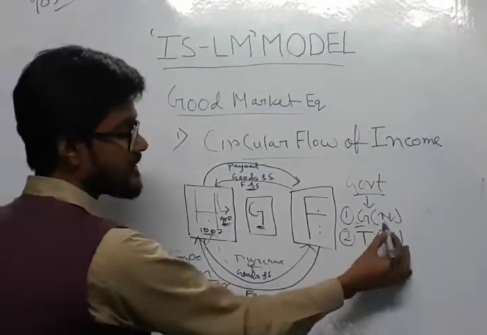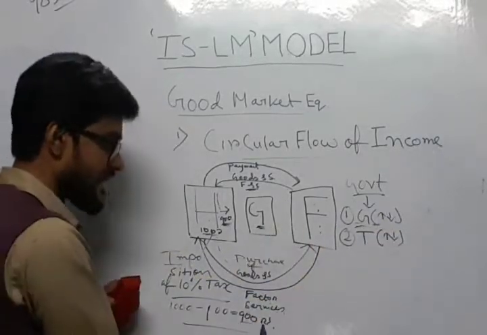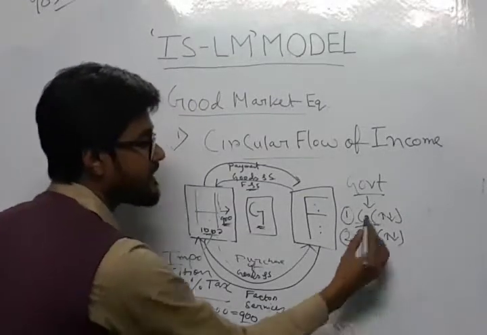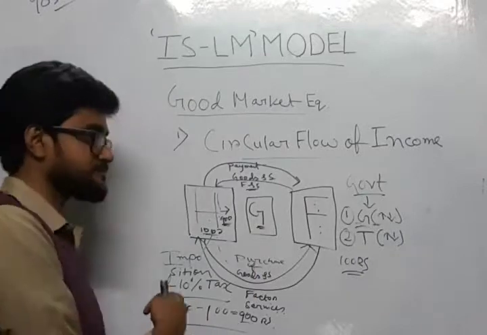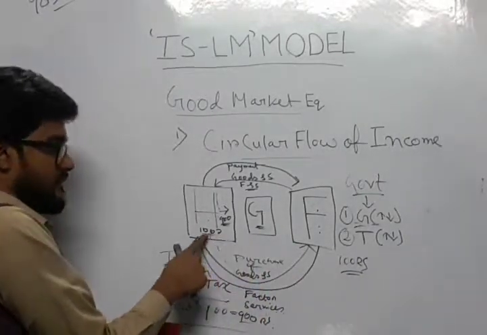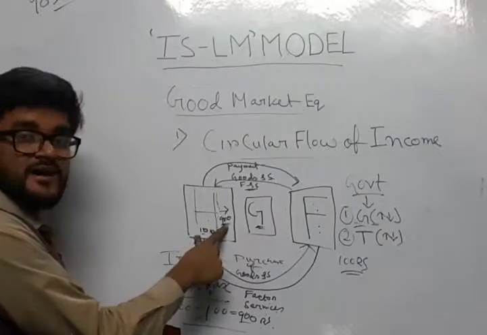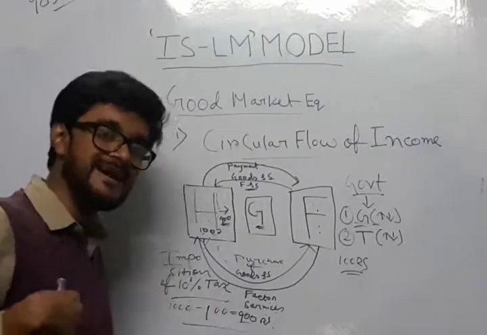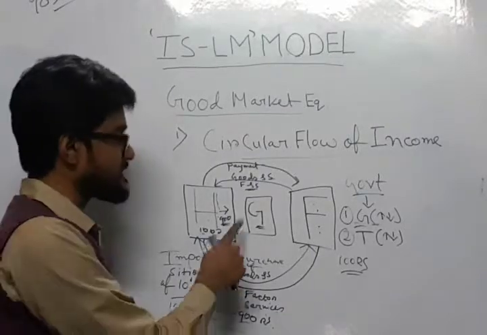So the government will increase its expenditure by, say, 100 rupees. When the government increases its expenditure of 100 rupees, the reduced amount, which is 900, will again become 1000 rupees.